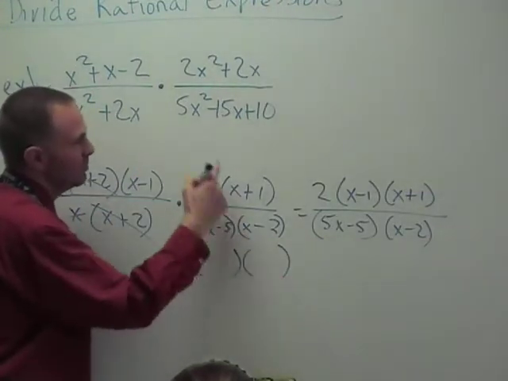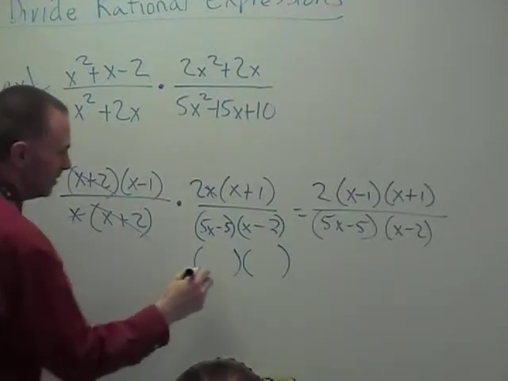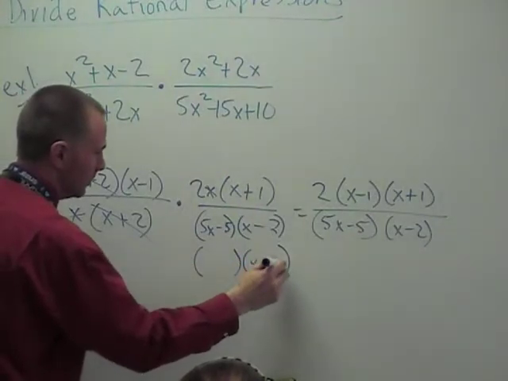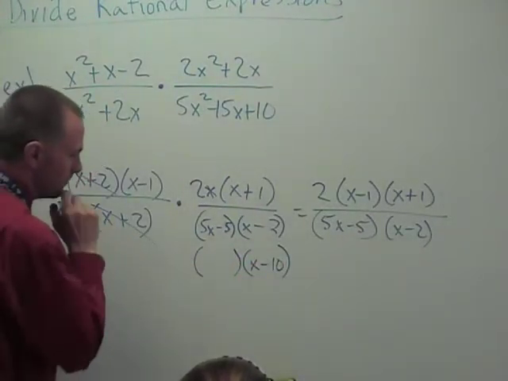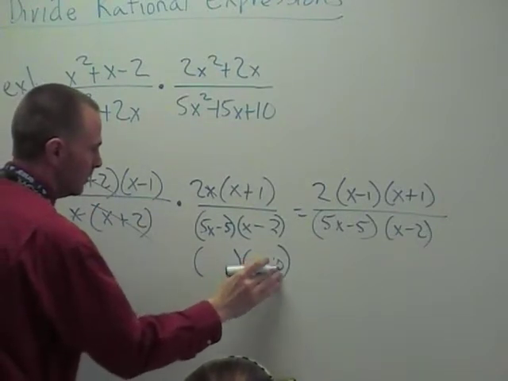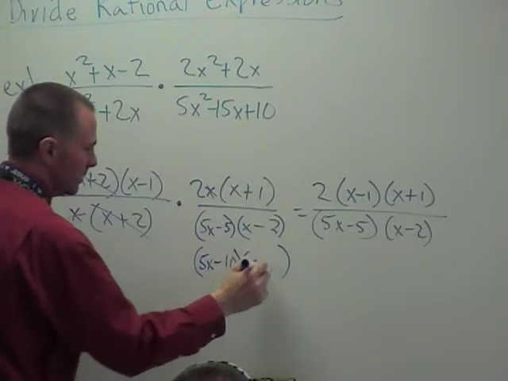Can this bottom one factor a different way? How about 5x minus 10 and x minus 1?